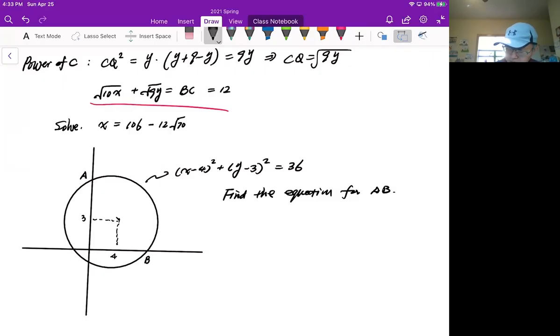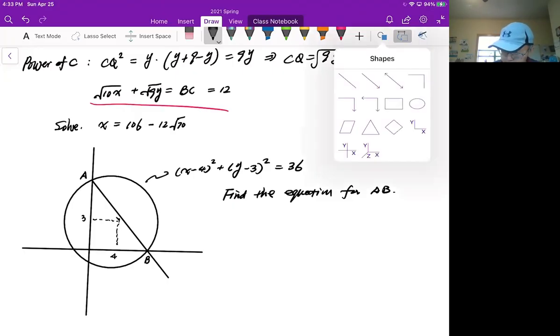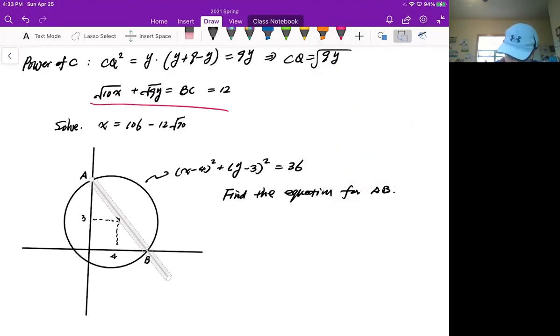Okay, so let's see. Everyone get that? I'm going to get here and then maybe just pass through this one here. So I want to find that.